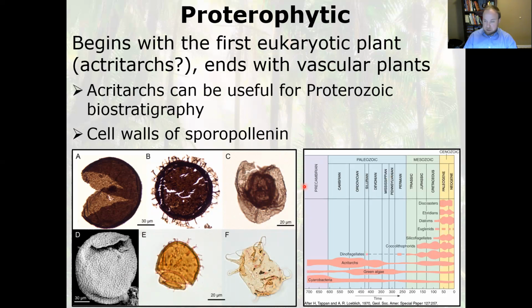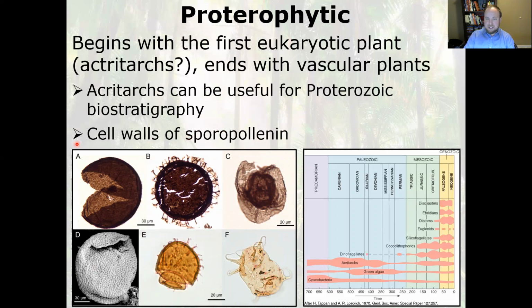Remember, with cyanobacteria stromatolites, it's mostly the mats that are preserved, not the actual fossils themselves. These are actually preserved as fossils because, although they have no real hard parts, they've got cell walls of sporopollenin. So acritarchs are really the first thing that's preservable because they have a hard outer wall. Not a mineralized outer wall, but a hard organic outer wall, so we're able to start preserving them as body fossils.